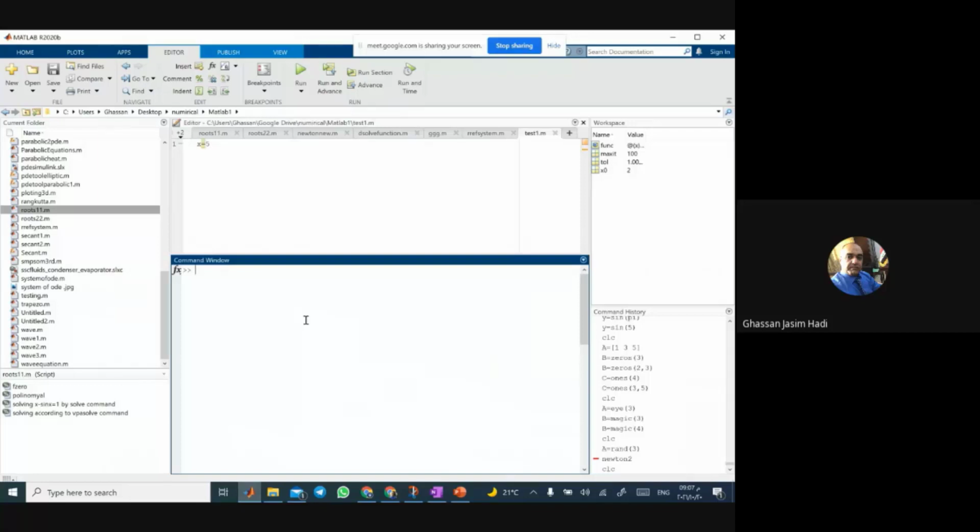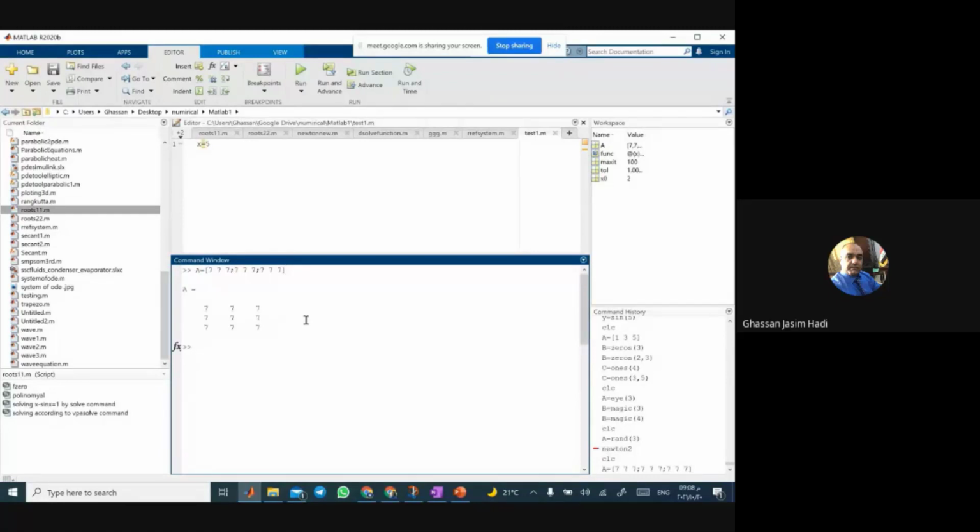We have two ways to write this matrix. For example, name it A equals, we could say 7, 7, 7, semicolon, 7, 7, 7, semicolon, 7, 7, 7, and close the bracket, enter.